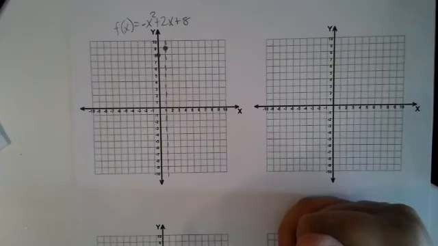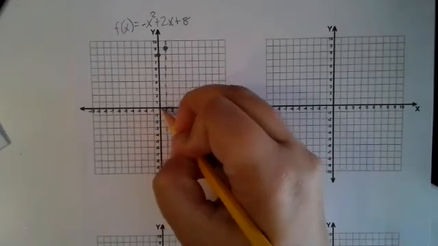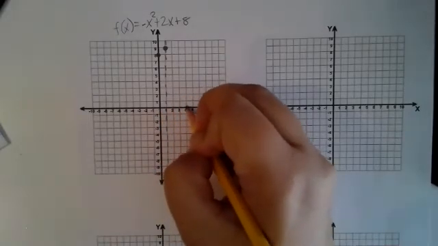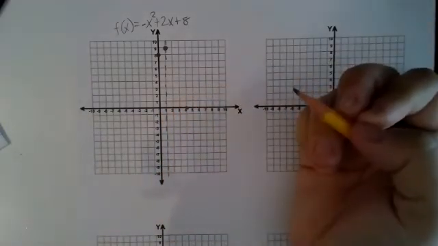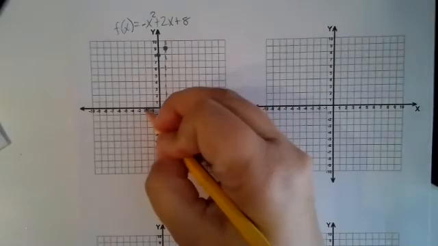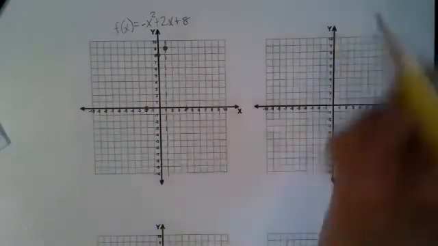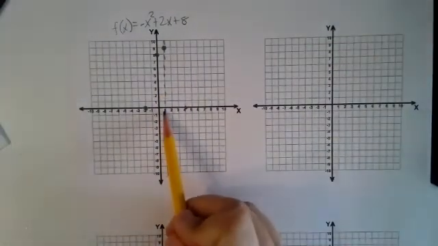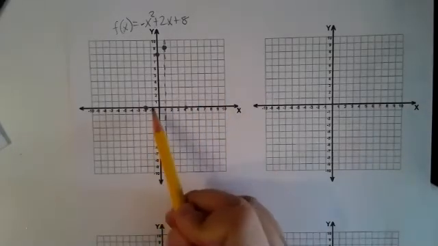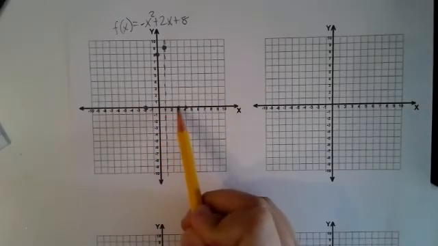And then I have my intercepts. So I have 4, 0. So 1, 2, 3, 4. And I also have negative 2, 0, which is here. Then this axis of symmetry should be in the middle. So I count 1, 2, 3, 1, 2, 3.